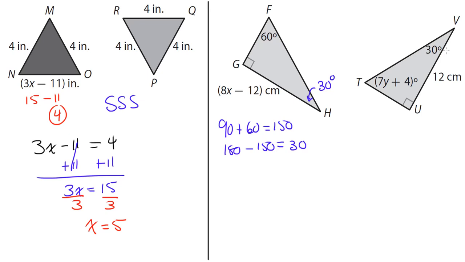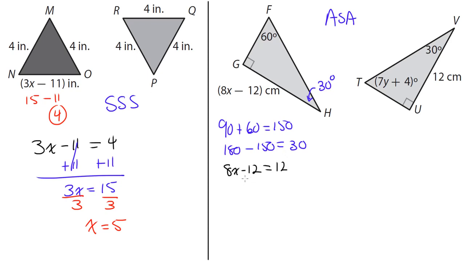So I know that angle H measures 30 degrees. Now if I look over at this triangle, I see that angle V measures 30 degrees, so it corresponds with angle H. Angle U measures 90 degrees, so it corresponds with angle G. So if I could get angle side angle, then I could make these triangles congruent. That would mean that this side here, GH, would have to equal this side here, UV. So I write my equation. 8x minus 12 equals 12.